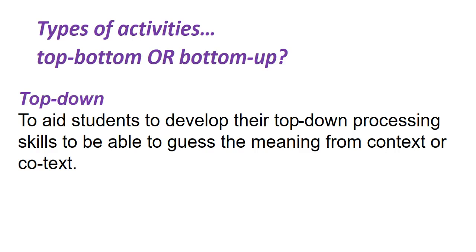How do we do that? As teachers, we encourage the listeners, the students, to use their schema, their previous knowledge of the topic, to understand the content. So background knowledge is used here.